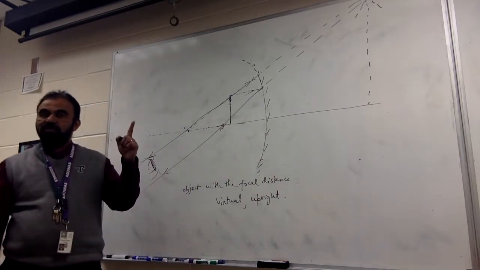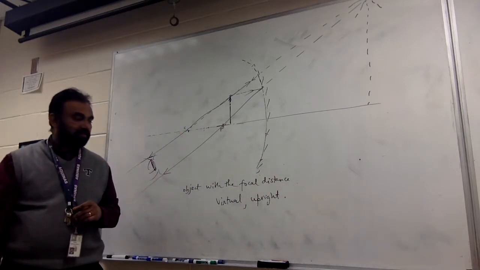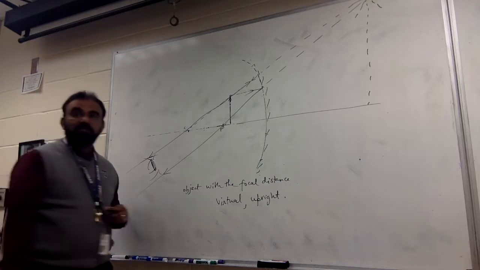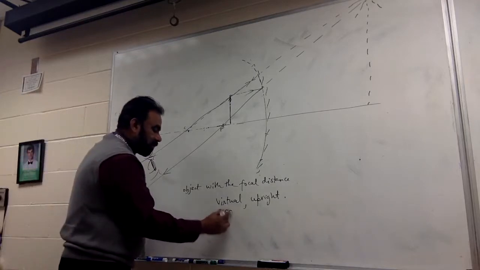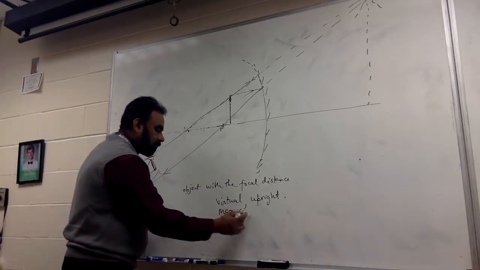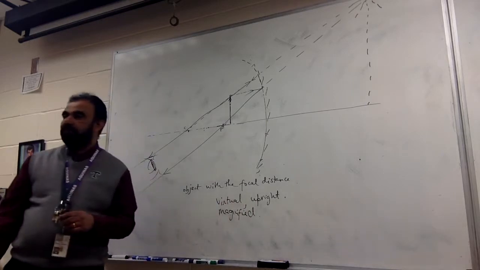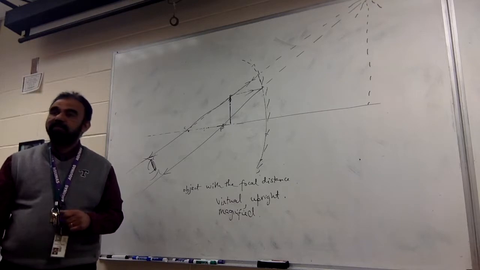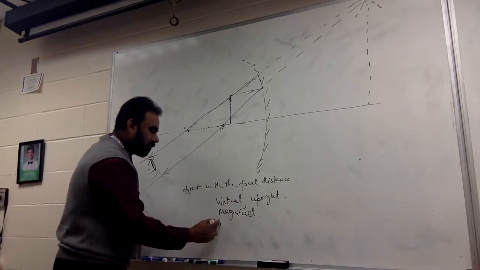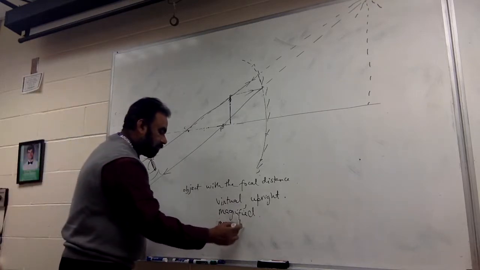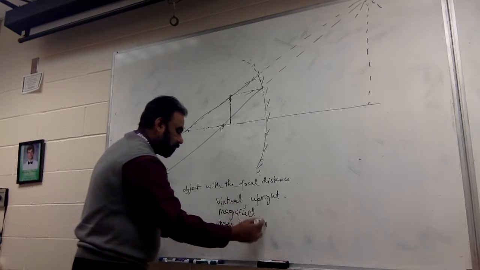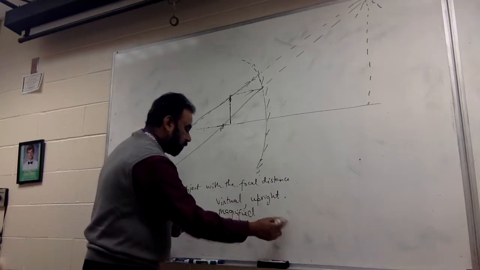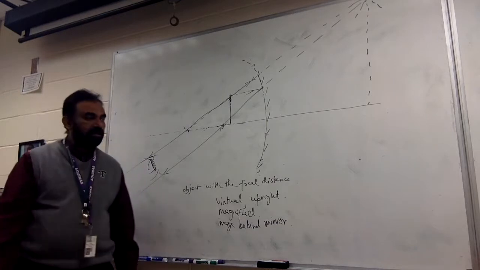It's a virtual image, and you can see it's an upright image. And it's magnified. It's highly magnified. And it is behind the mirror. The image is behind the mirror.